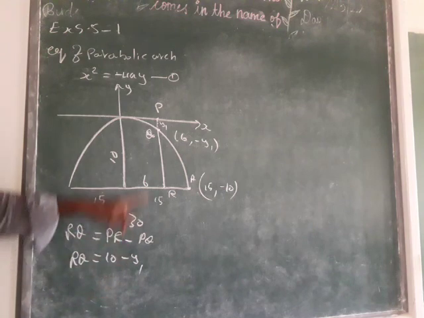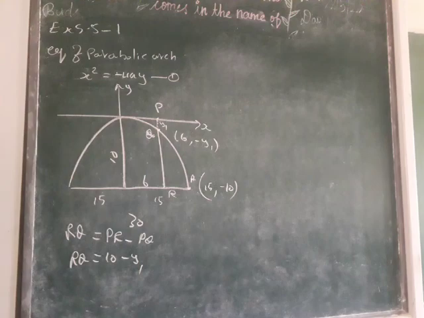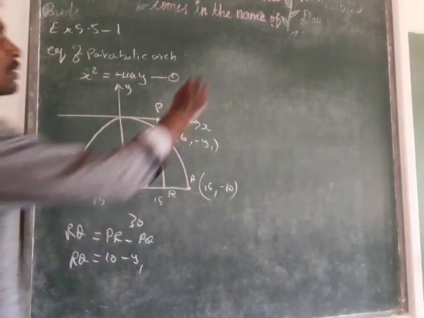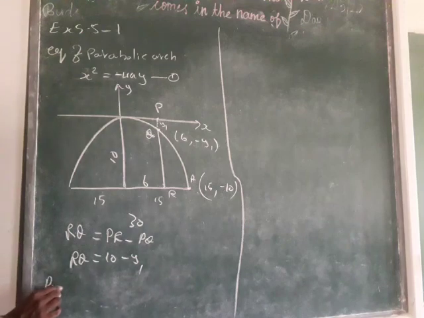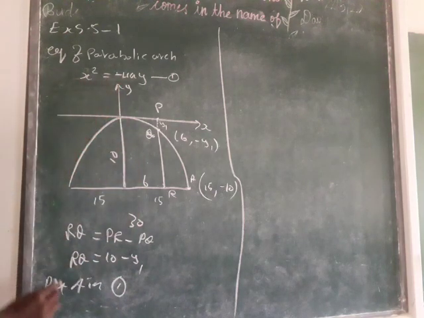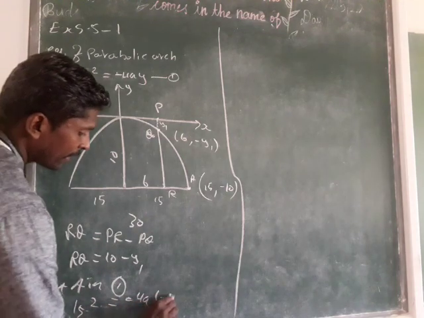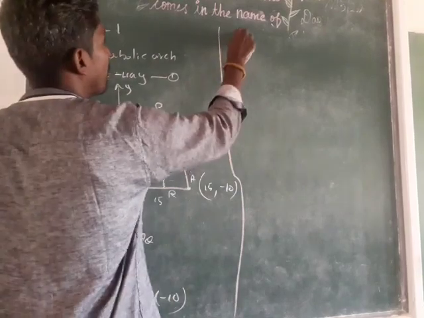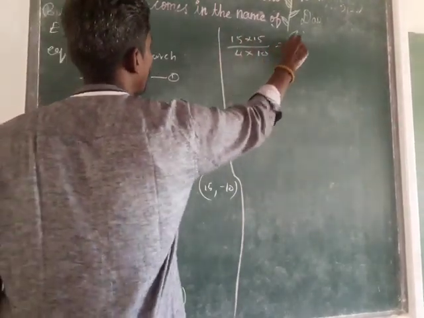Before finding y1, to find the value of a, we write the equation of the parabola of the arc. Now substitute the values. Put A in equation 1 to find the a value. So 15 squared equals minus 4a into minus 10. Then 15 into 15 by 4 into 10 equals a.